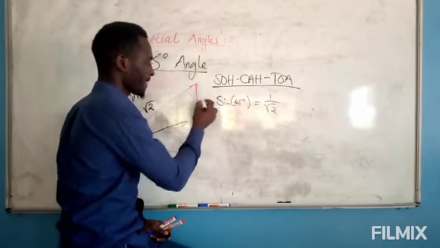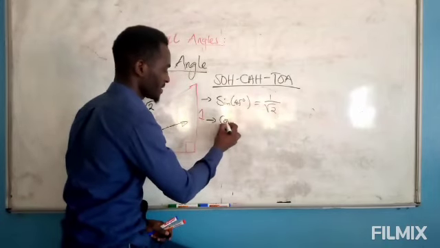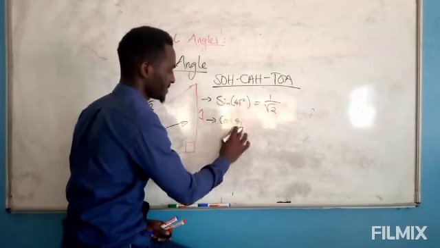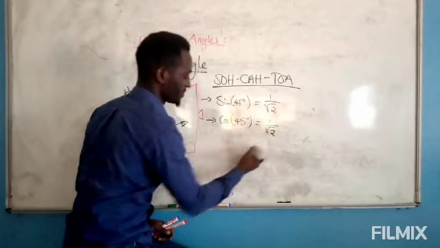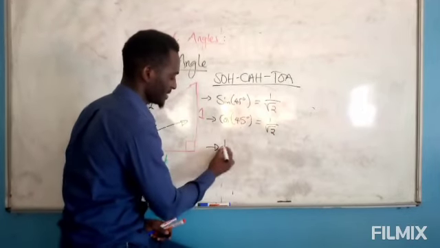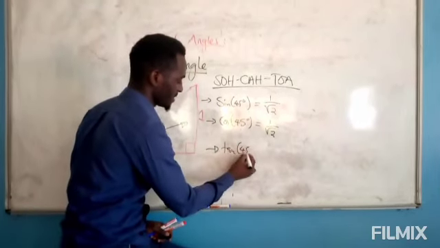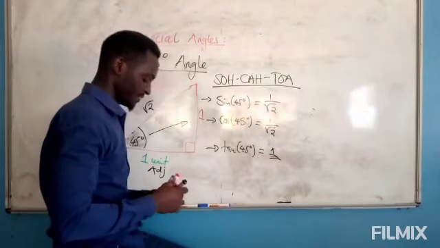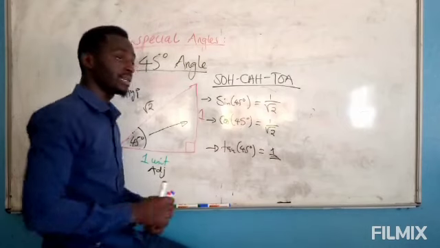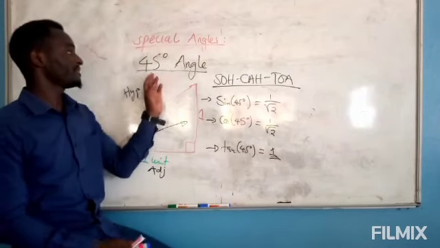Okay? Now, cos 45 degrees is also equivalent to 1 over the root of 2. Okay? And tan 45 degrees is equivalent to 1. Okay? For today, that's all you have to understand about the 45-degree angle.